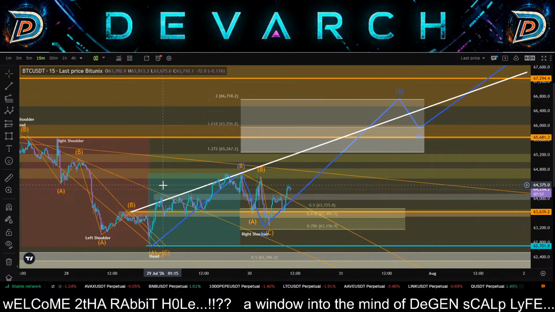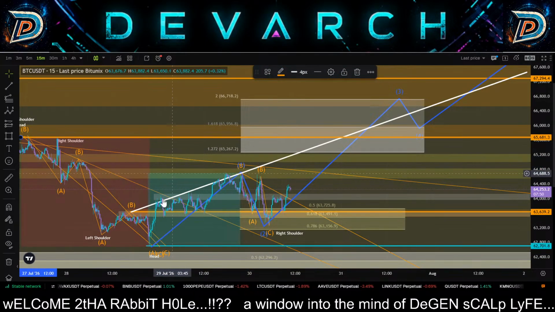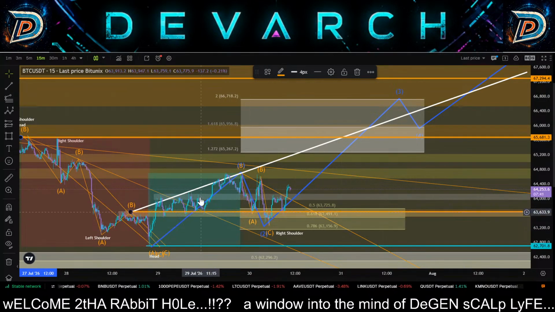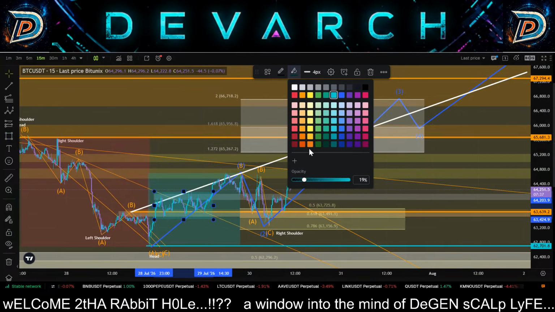So now we have the current structure of the microwaves. The current microwave structure is impulse because we broke the B wave top right here. And after breaking the B wave top, there was no 3-wave correction in this area. See this area here?